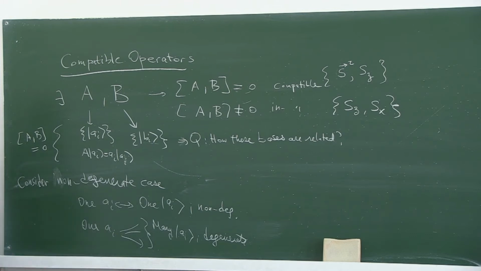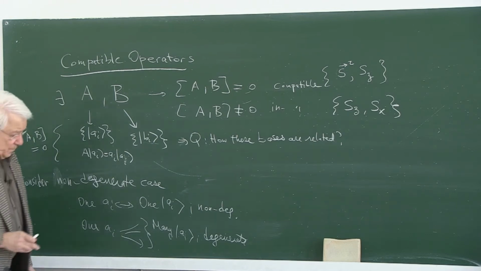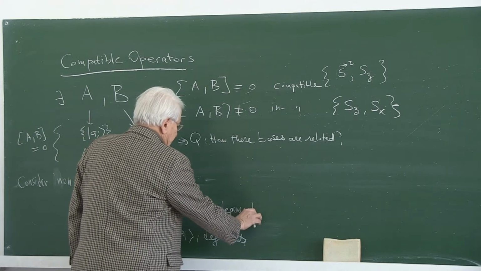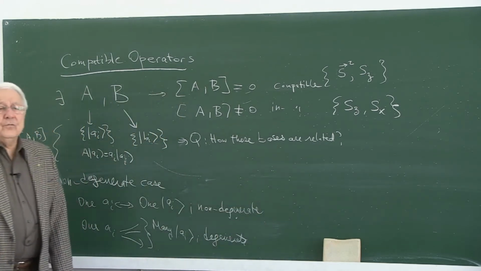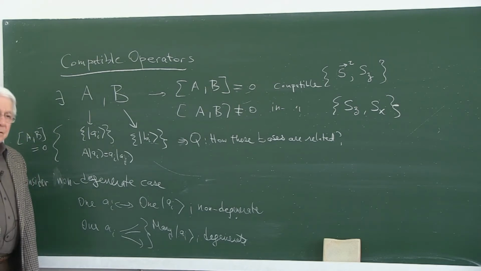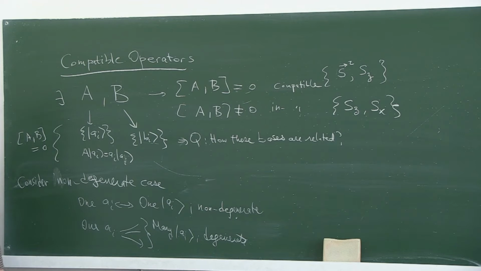The non-degenerate case is straightforward because remember we have also proven the orthogonality of the eigenvectors of a Hermitian operator associated with different eigenvalues for the non-degenerate case. Of course, we could also take the degeneracy into account, but let's proceed with the non-degenerate case.